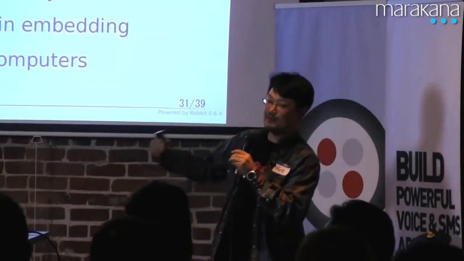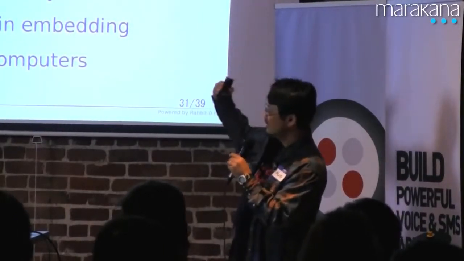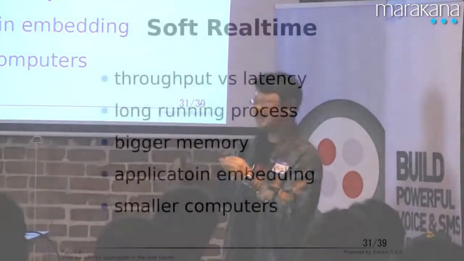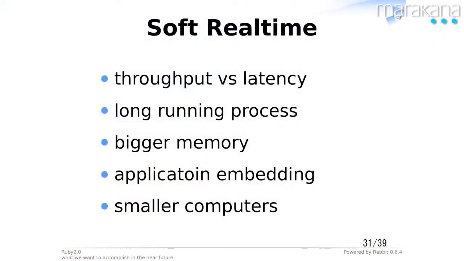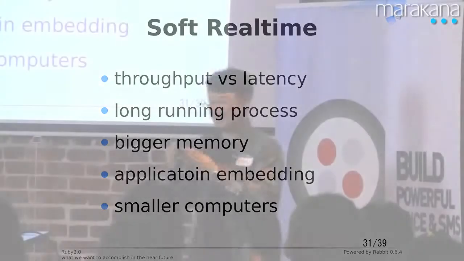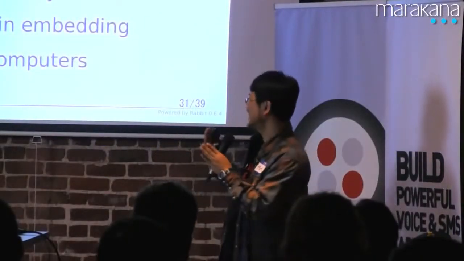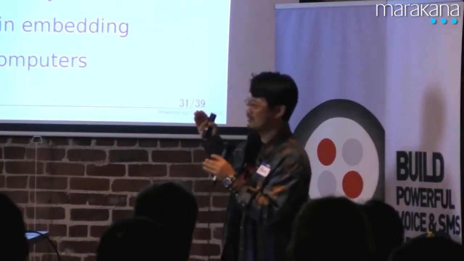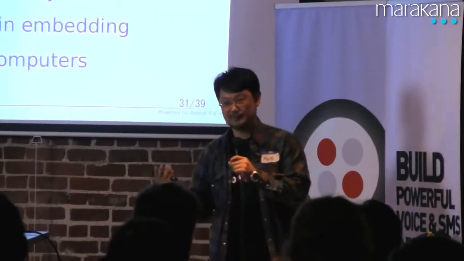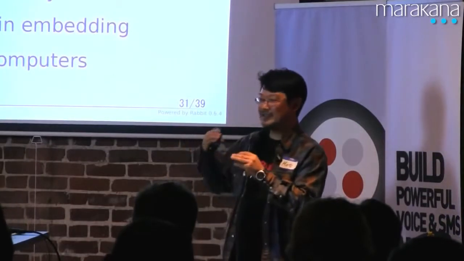In embedded systems, we need soft real time, not hard real time, where every interrupt can be handled in 10 microseconds or something like that. That is hard real time. Soft real time is like a gaming platform.